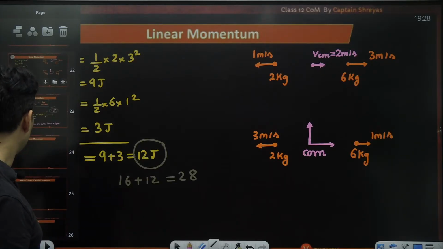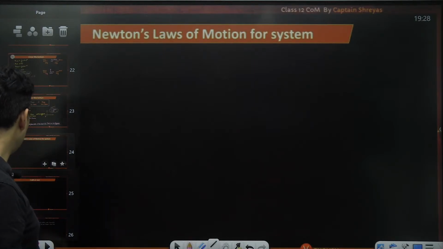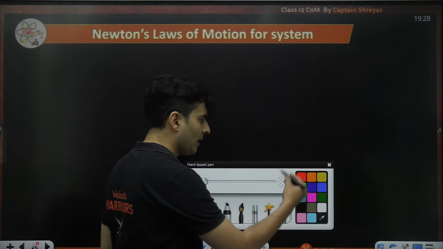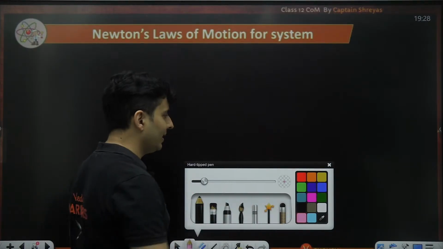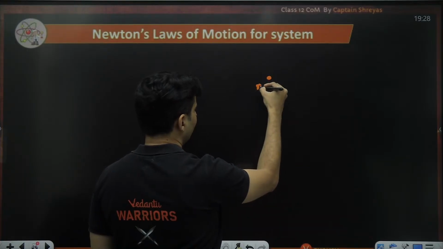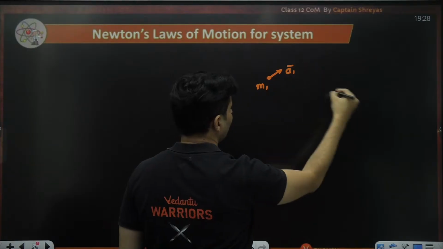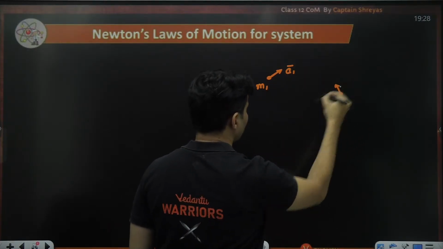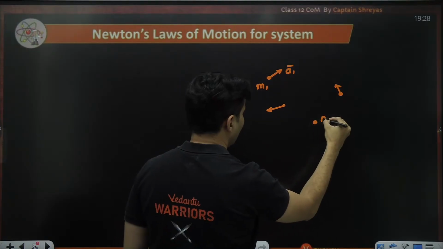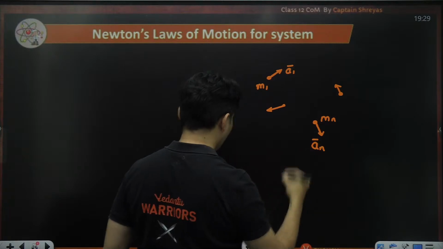Okay, now let us move on to Newton's law for a system of particles. Say for example, we have one mass over here. It has some kind of acceleration, some other mass, some other acceleration, some another mass, some other acceleration, like that, nth mass and nth acceleration.